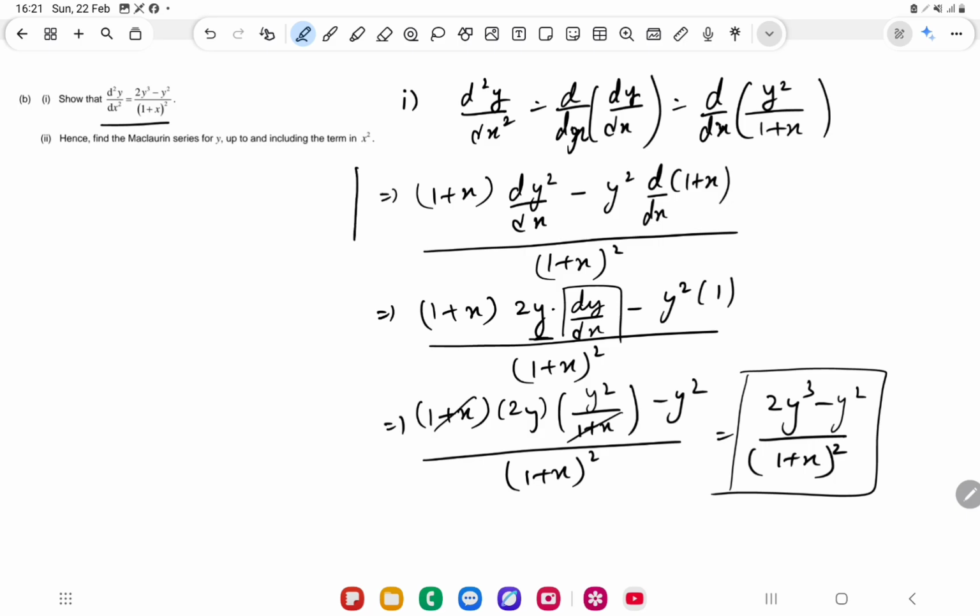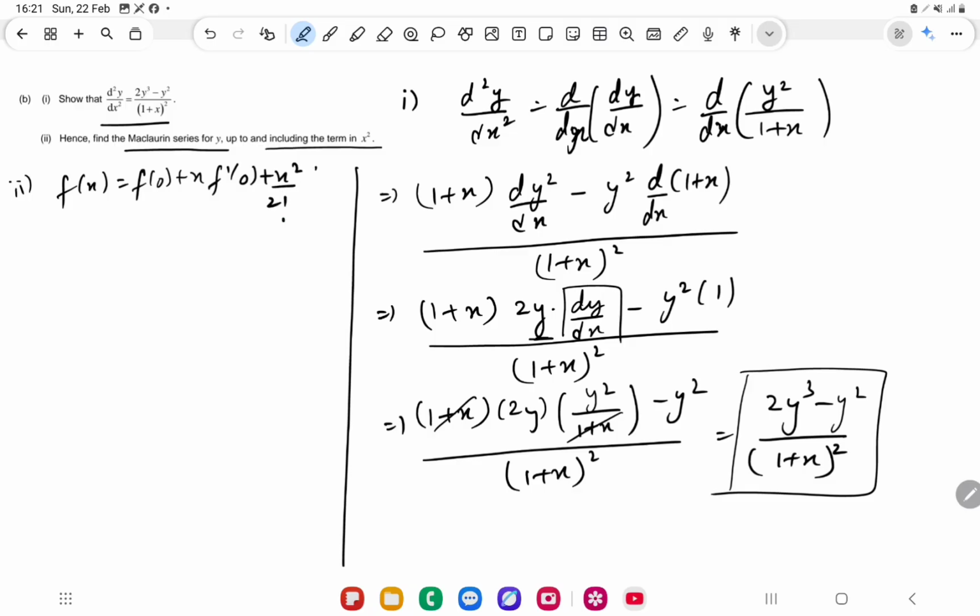Now in the next part, find the Maclaurin series of y up to and including the term x square. So for solving this, this is the formula for the Maclaurin series: f(0) plus x times f dash 0 plus x square by 2 factorial times f double dash 0 and so on. So f(0) I can write as 1 because it was given to me in the question.